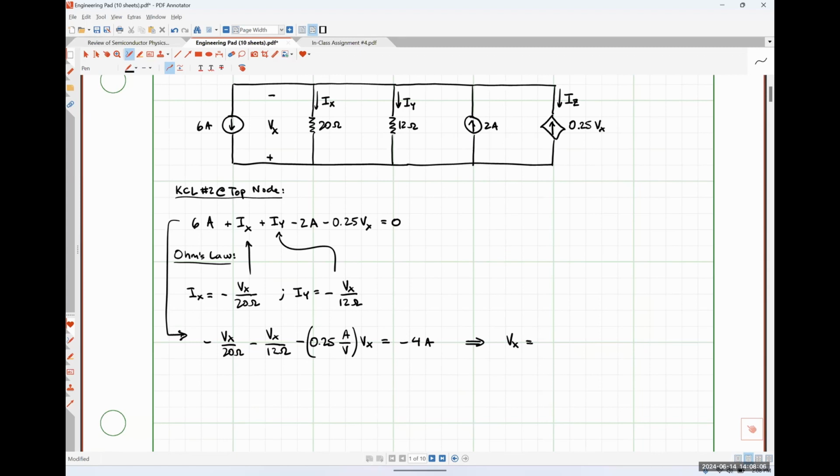So negative x over 20 minus x over 12 minus 0.25 x is equal to negative 4. I'm just going to guess the value is 1. My calculator is now trying to solve.